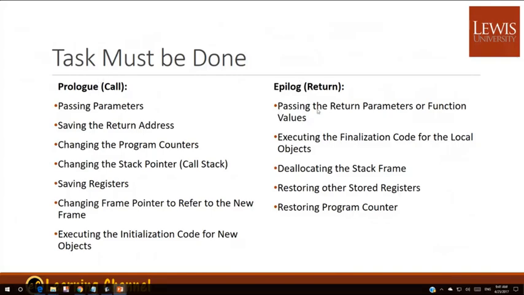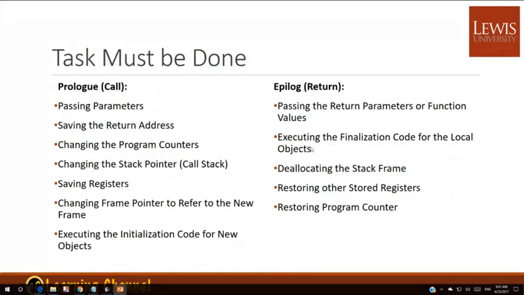For the return part, we return the return parameter or function value. So we pass the return function value to the higher level, the caller part, and then we execute the finalization call for the local variables. Basically, if there are some objects, we need to free all of them.